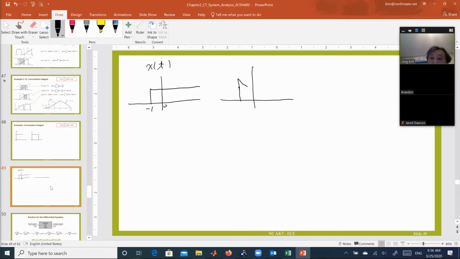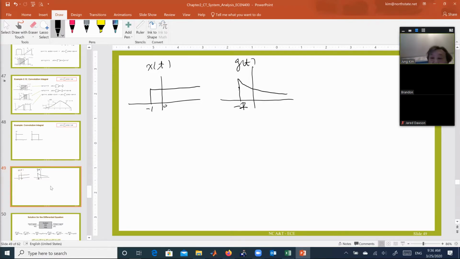Okay, this way, you can see, right? That g of t goes from -2, and the amplitude is 2 as well.